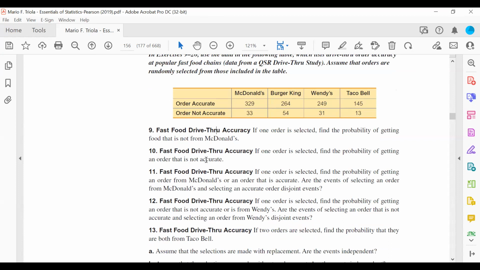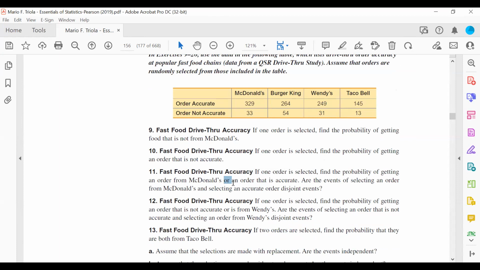Number 11 says, if one order is selected, find the probability of getting an order from McDonald's or an order that is accurate. Look at that. There is a term or. That means I have to use the addition rule.